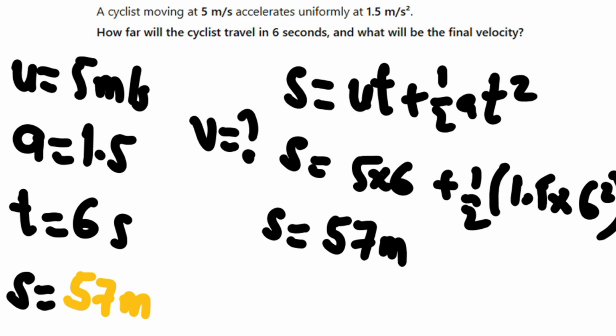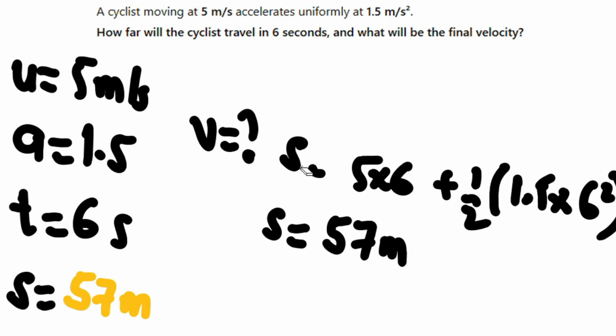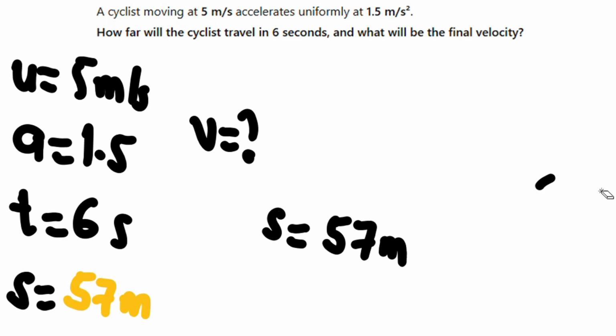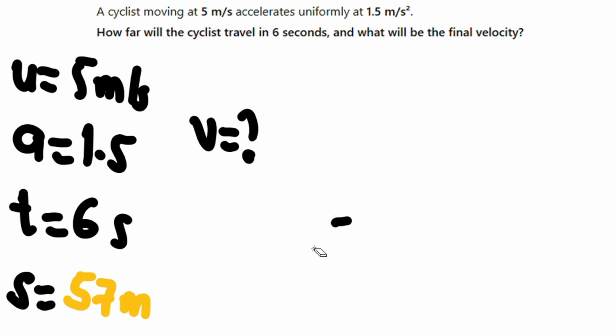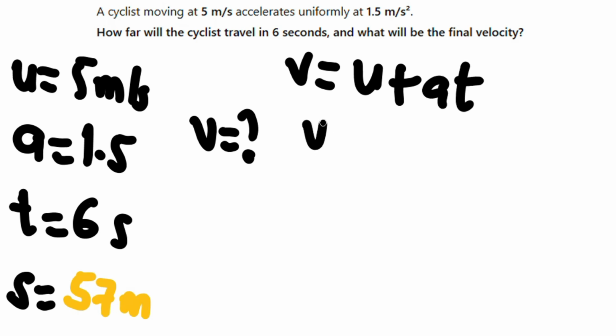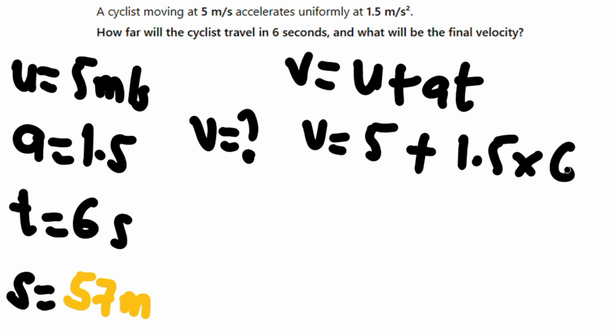Now we need to look for v. So to look for v, let me clear this one, so we also have space to calculate for v. v is equal to u plus at. So v is equal to, what is u? u is 5 plus a is 1.5 times t, which is 6.